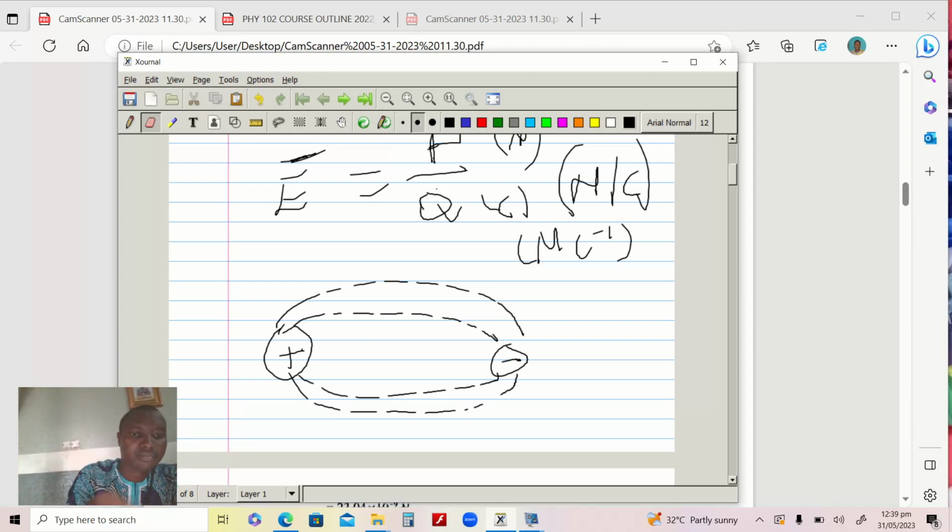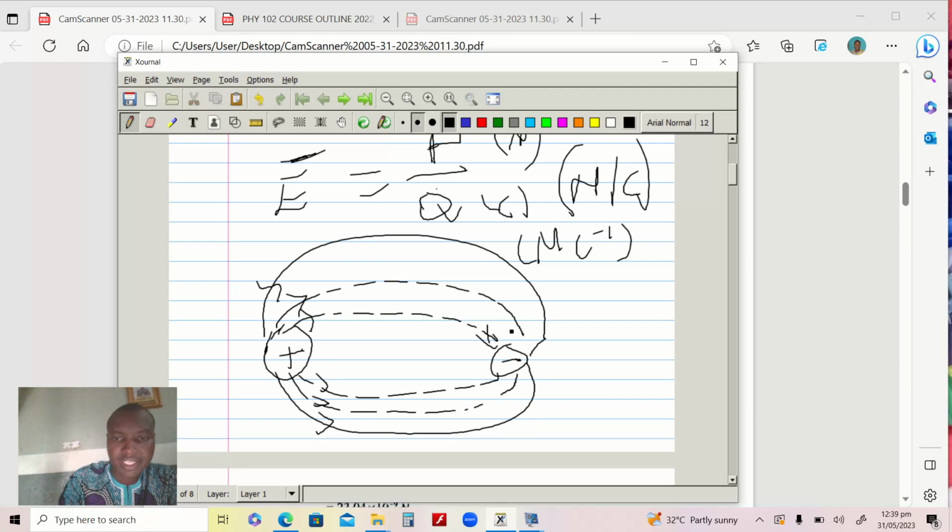And we have it like this. So it's moving away from here. You can see it's moving away from here, then it's entering here. So they are entering into the negative. They are moving away from the positive. They are entering into it, that's if they are not isolated.